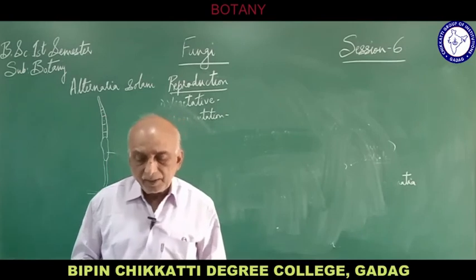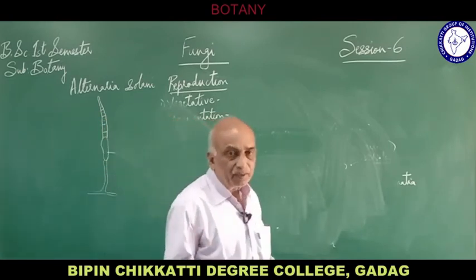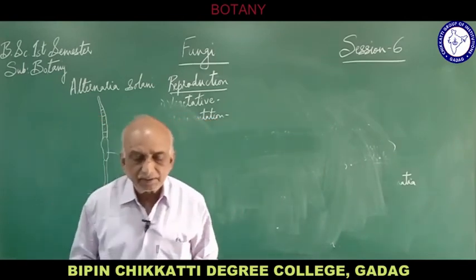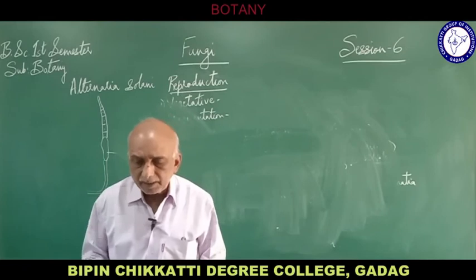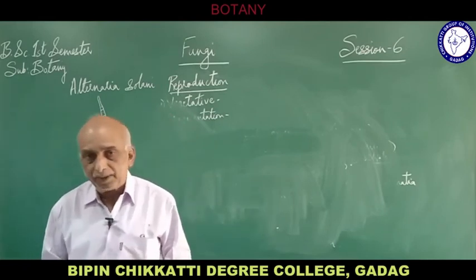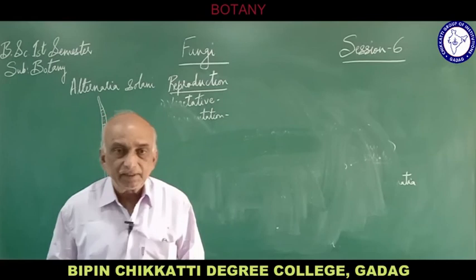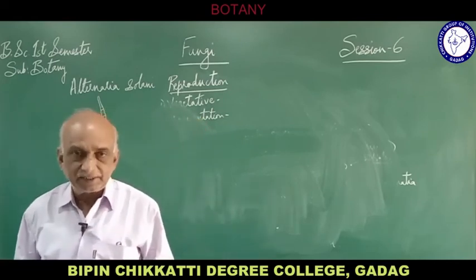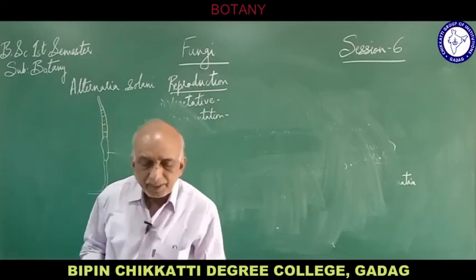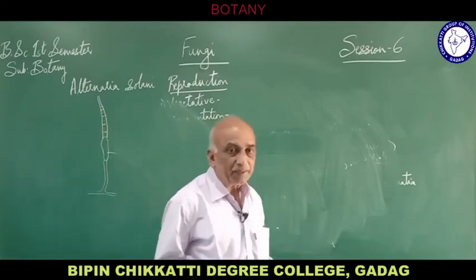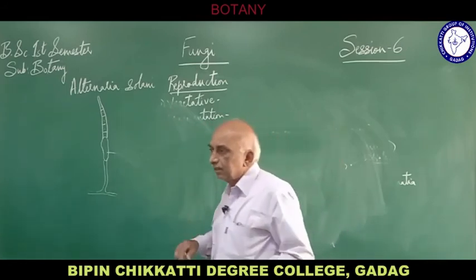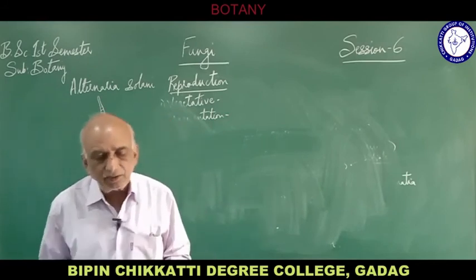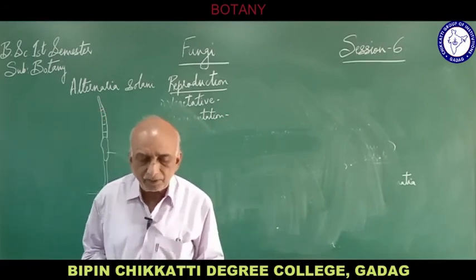For example, when lichens grow on rocks, they release certain chemicals, and by the action of these chemicals, the rocks are dissolved, and fine rock particles form a thin layer on the surface and enable the growth of vegetation. So when a thin layer of humus or soil particles is formed on the rocks, it enables the growth of vegetation, which helps in the succession of vegetation. That is the ecological importance.